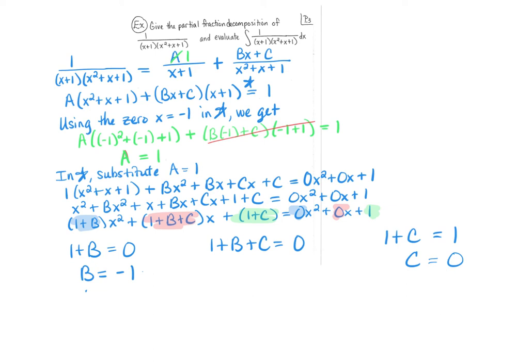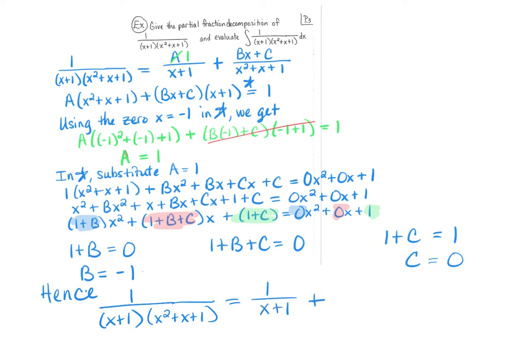So now we can write 1 over the quantity x plus 1 times the quantity x squared plus x plus 1 is equal to 1 over x plus 1, because 1 was a, plus b is negative 1, so we would have negative 1x plus 0.